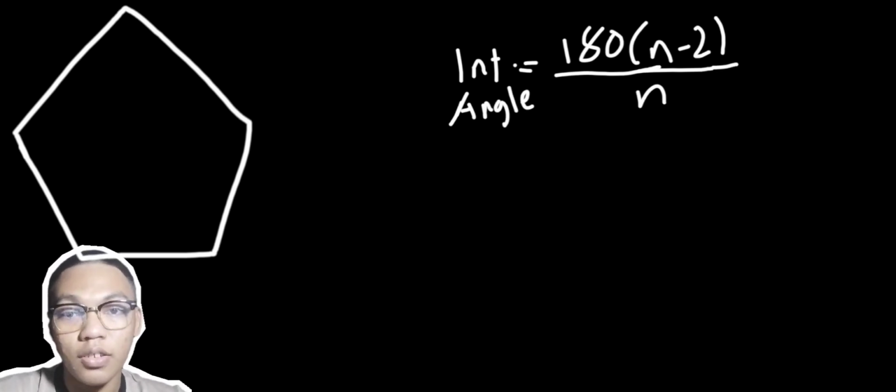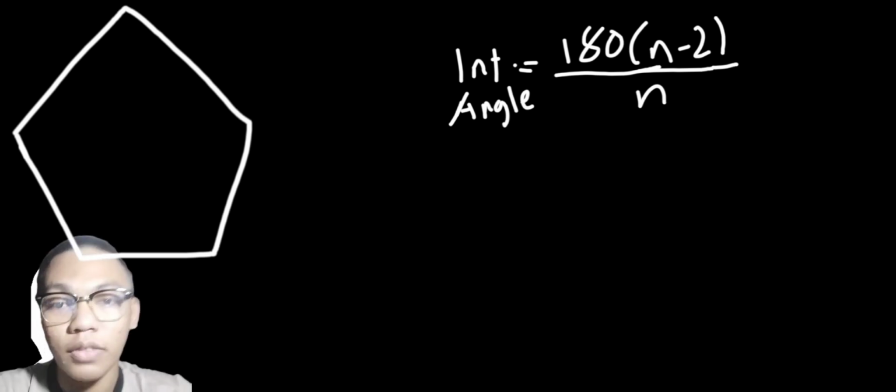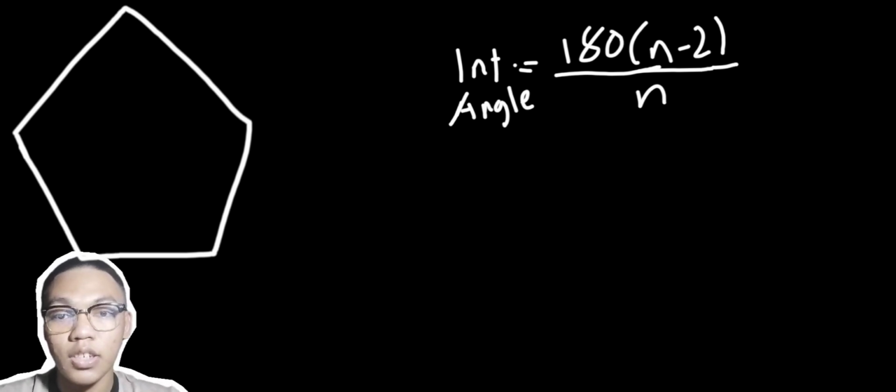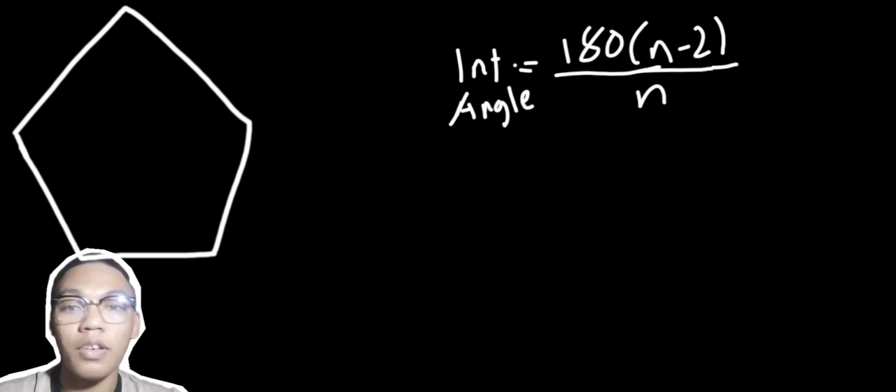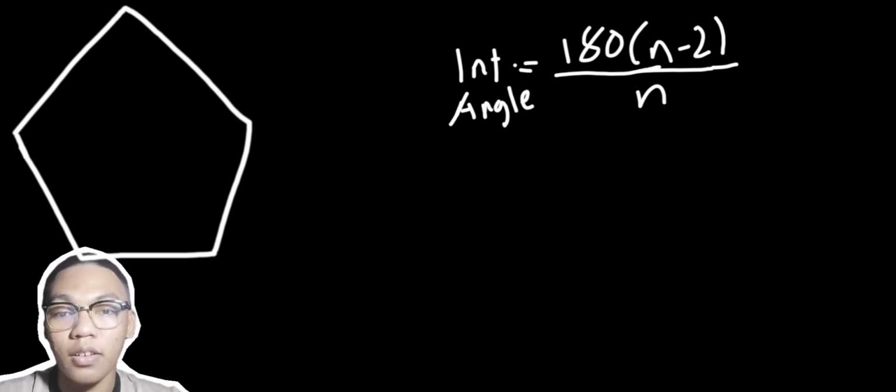That is the sum of all of the interior angles, and since each angle is the same, to find the measure of each of those angles, there are 5 of them, we simply have to divide by n. So this will give you the measure of the interior angle if you have a regular pentagon or a regular polygon.